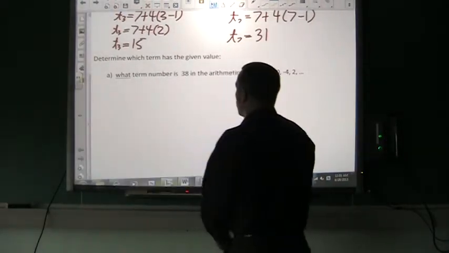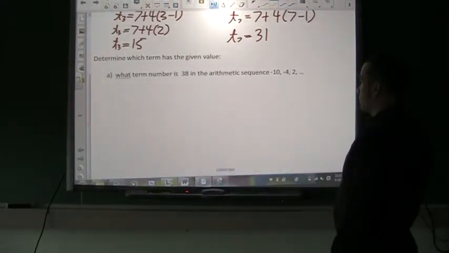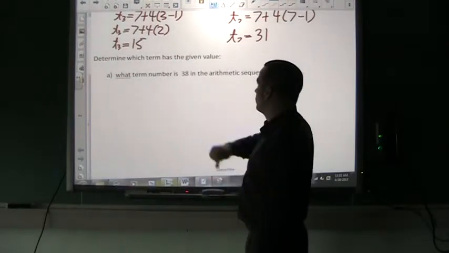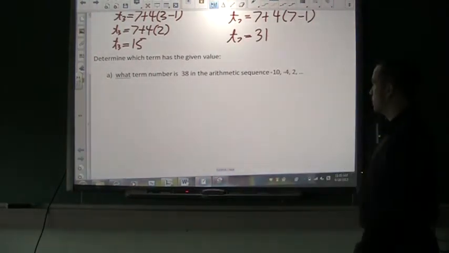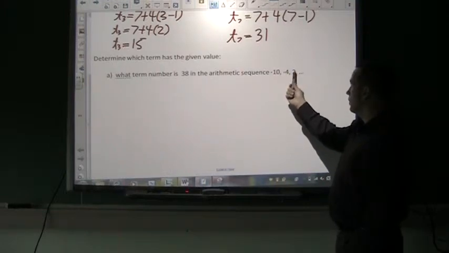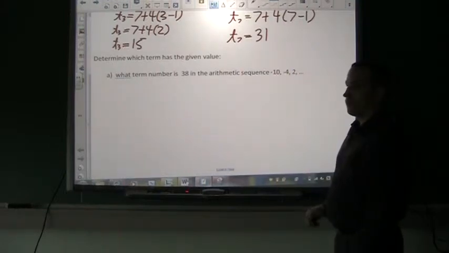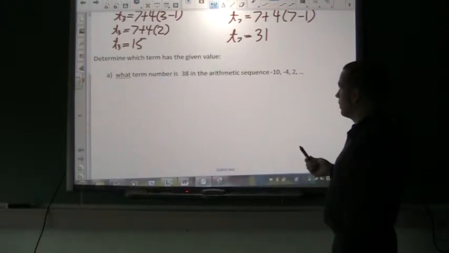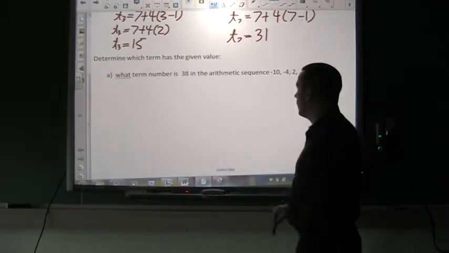Next one. Determine which term has the given value. And so what term number is 38 in this sequence? So here's where I have to actually come up with the formula first and then figure out which term is the number 38.